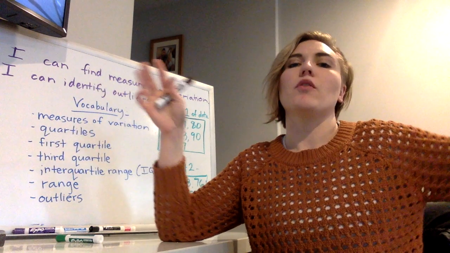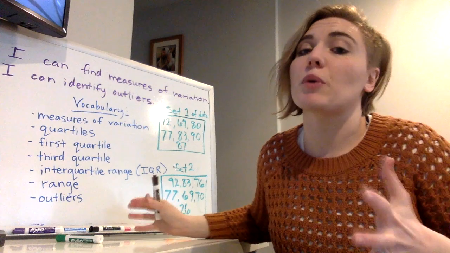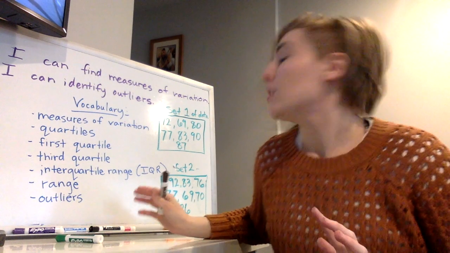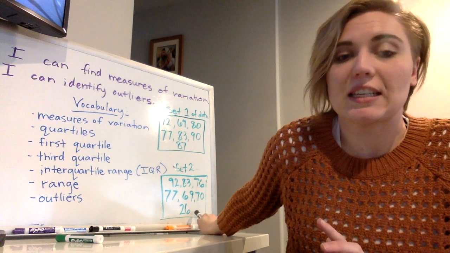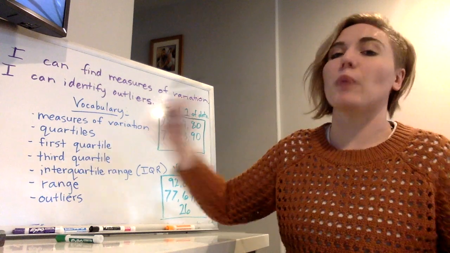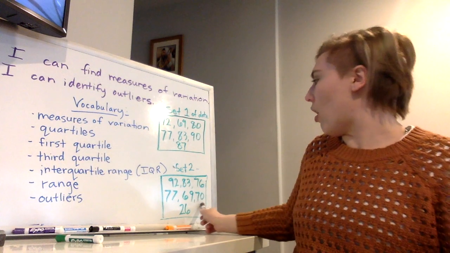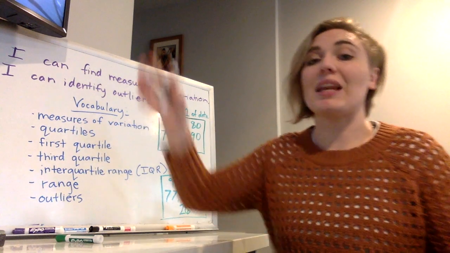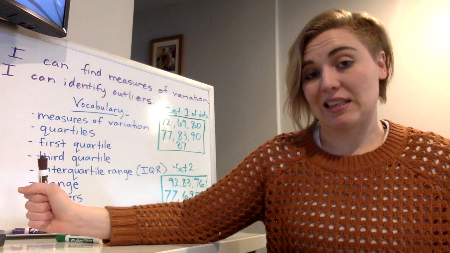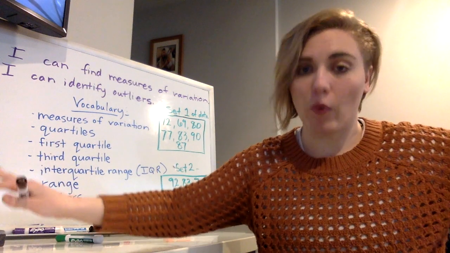If you're thinking that set 2 has a wider spread of data, that's true, because this 26 is there. We have this wide range, with all these different numbers in between 92 and 26. There's more of a spread going on.